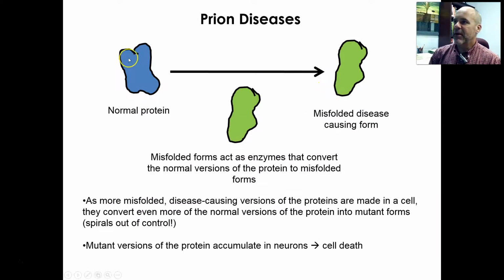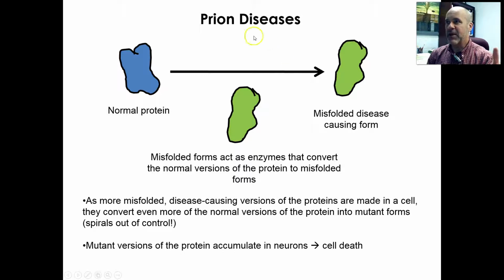If this is our normal neuron protein doing whatever its job is in a neuron, as far as I know, that's still not well understood, the prion version is a mutated form of this. It's misfolded and it can act as an enzyme. So when it encounters other normal versions of the protein, it can convert them over to the prion form.